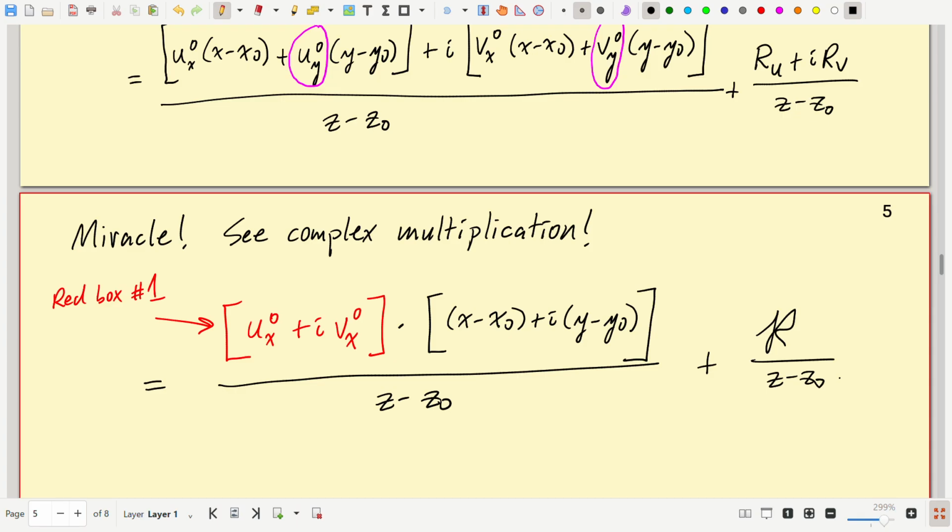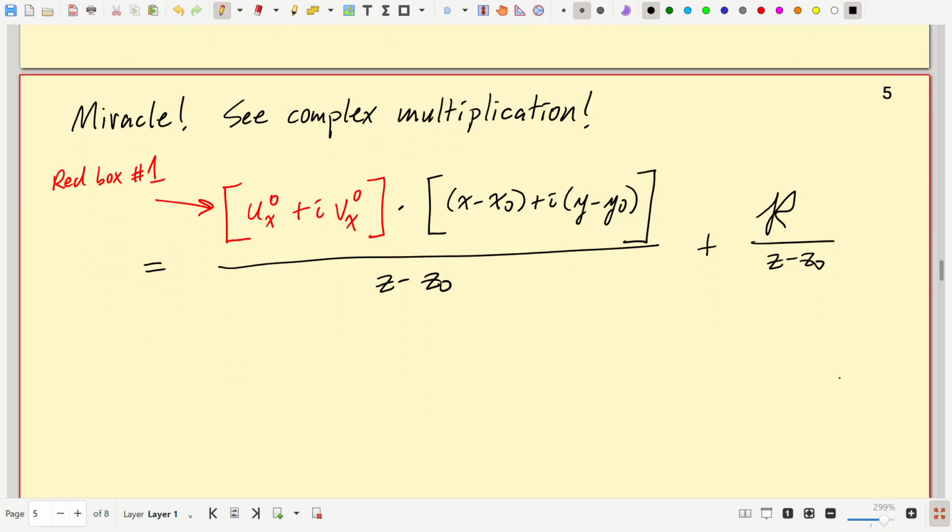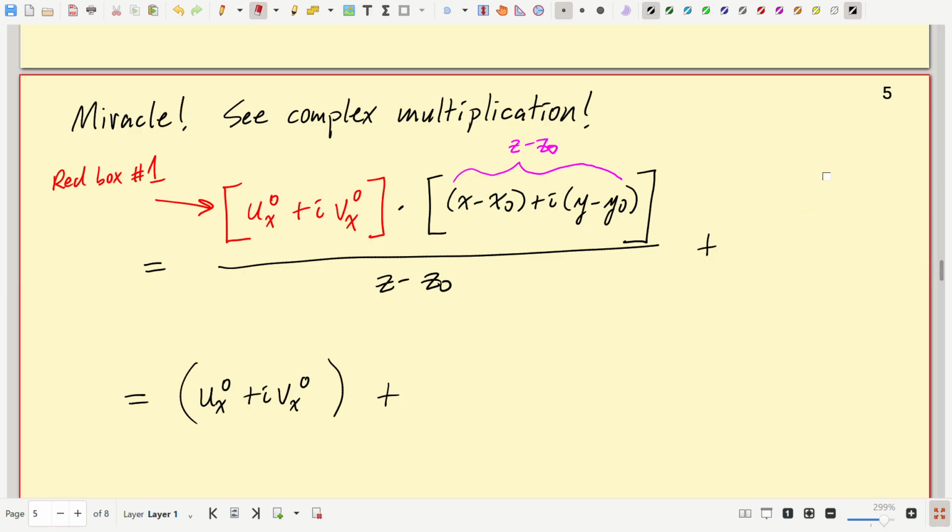Well, x minus x naught plus i times y minus y naught is equal to z minus z naught. So those are going to cancel, and that's the wonderful thing. So that difference quotient I now have written as red box number 1 plus the remainder.